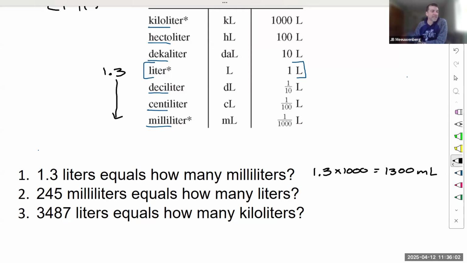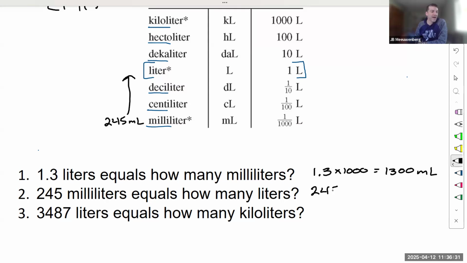245 milliliters is how many liters? So now we are given a certain number of milliliters, 245 milliliters, and we want to know how many liters we have. Well, a milliliter is pretty small, and a liter is a lot bigger. So we are going to have fewer liters than we do milliliters.